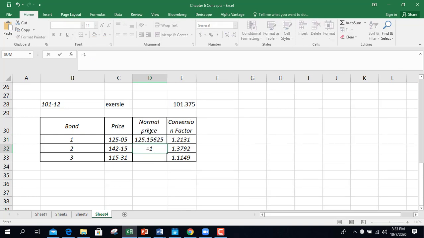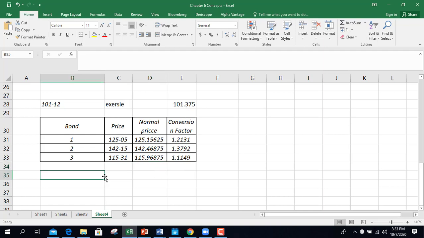This will be 142 plus 15 by 32. Next one, it will be 115 plus 31 by 32. So 125, 142 and 115. These are the prices of relevant bonds and conversion factors are known.